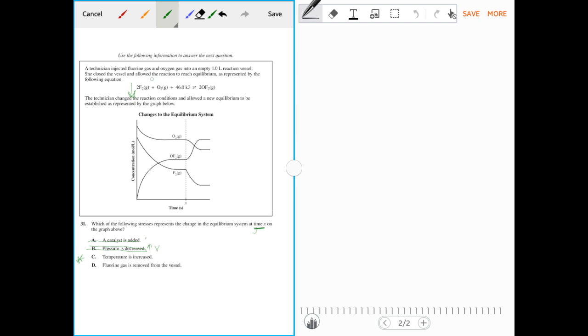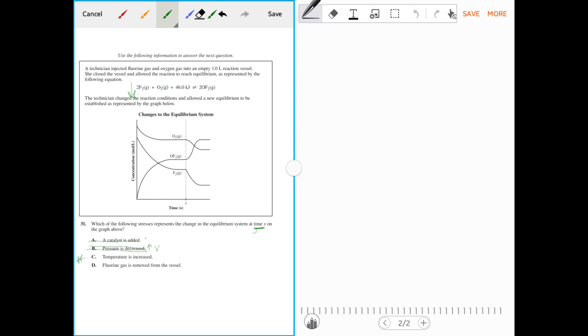So if I remove fluorine, I'm either going to lose some product or I'm going to want to increase the fluorine or increase my reactants in order to balance that out. So I should see either an increase in oxygen and a decrease in product, or I should just see some sort of shift to minimize the stress.